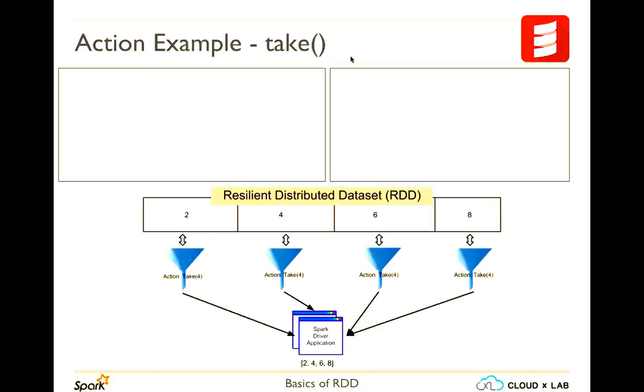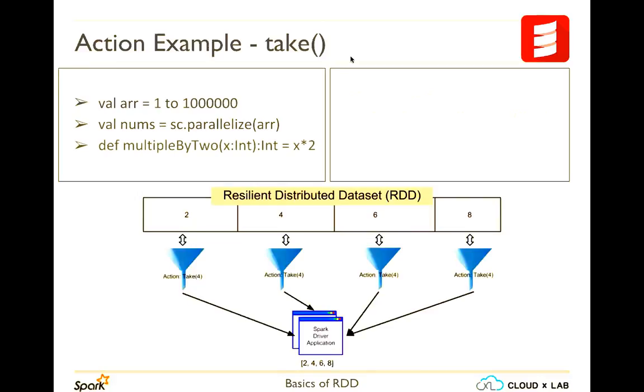Here is an example of take. Though we have been using take for quite some time, this would be very clear to all of you. So this is what take looks like. When we say take 5, it basically brings the first 5 elements back to you.